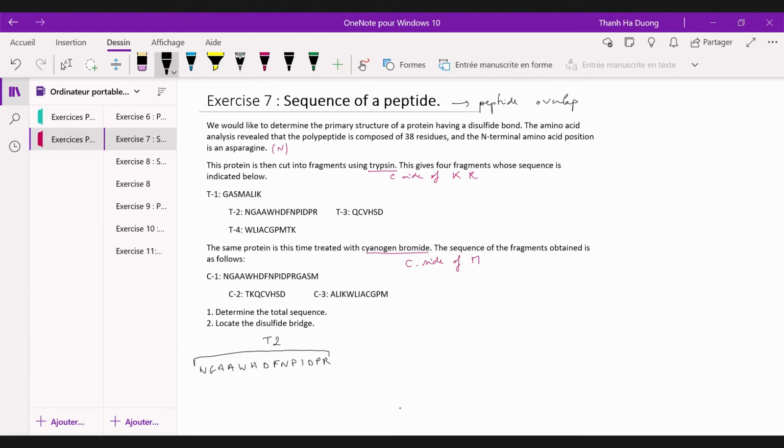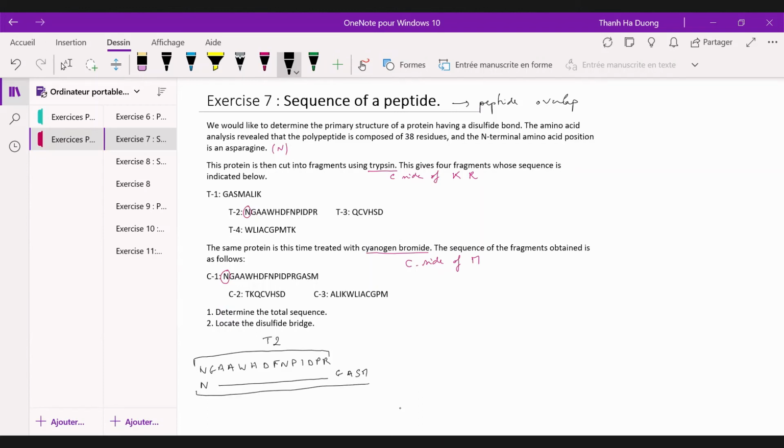So I make the second experiment with cyanobromide, and I know that arginine is still the same peptide, the first peptide, right? So I will put the N and I will have the same peptide until we will have GRSM.